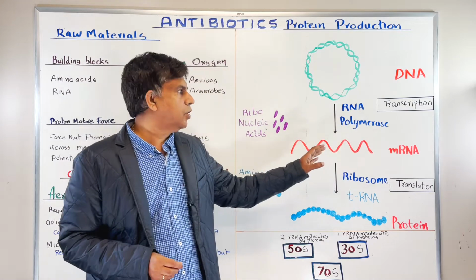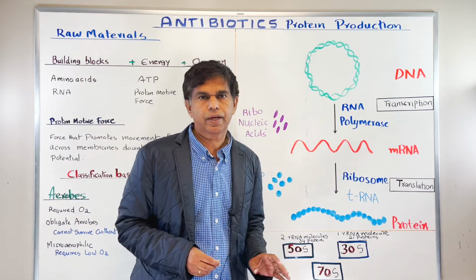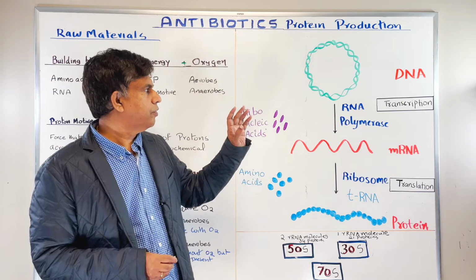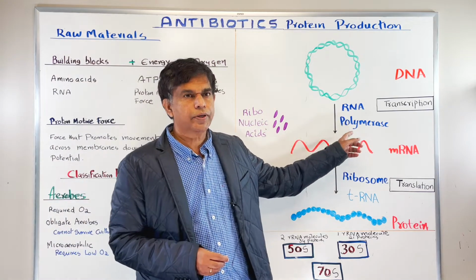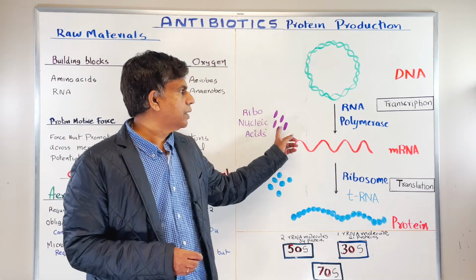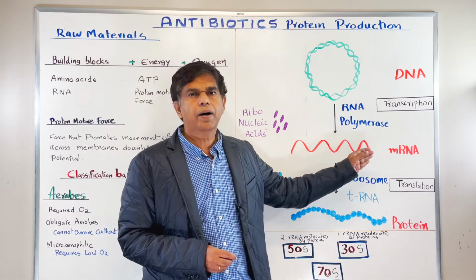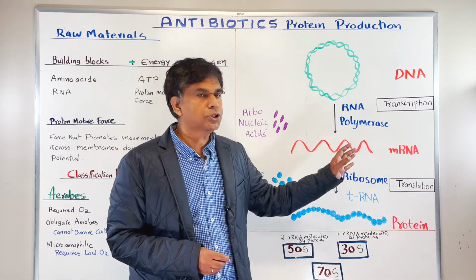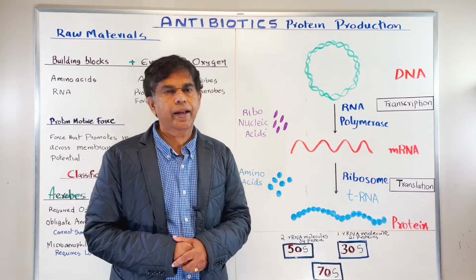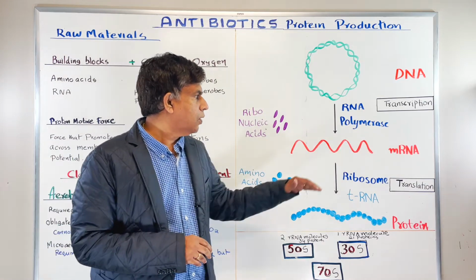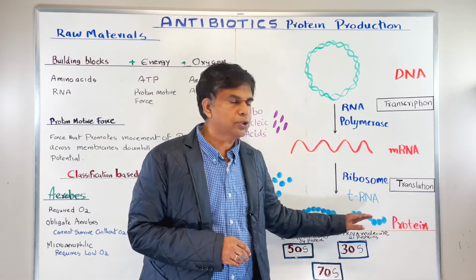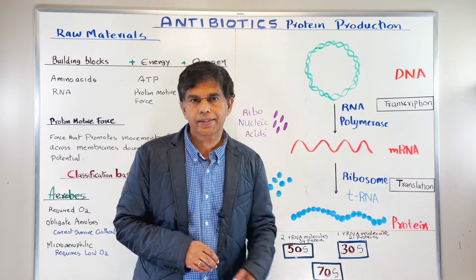That process is called transcription. The enzyme, very important, is RNA polymerase, which uses ribonucleic acid and converts it into mRNA. Now there's another big process where this mRNA is converted into the actual protein. That's what we call translation.